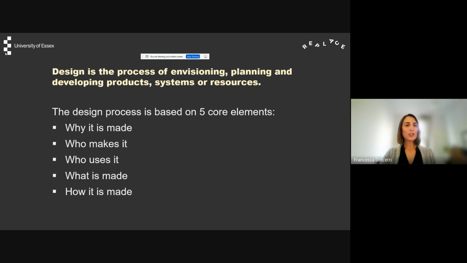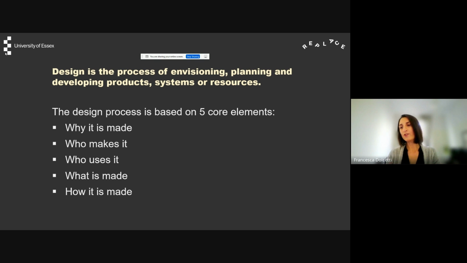The definition and meanings of design are various and multifaceted, but I use it in the broadest sense, where design refers to the process of envisioning, planning, and developing products, systems, or resources. The design process not only concerns the what and how, but most importantly, the why of the design: the reason and purpose for a product or resource to be developed.